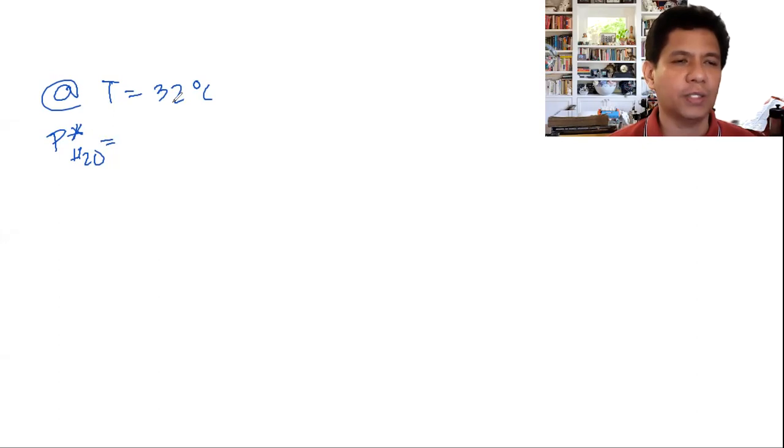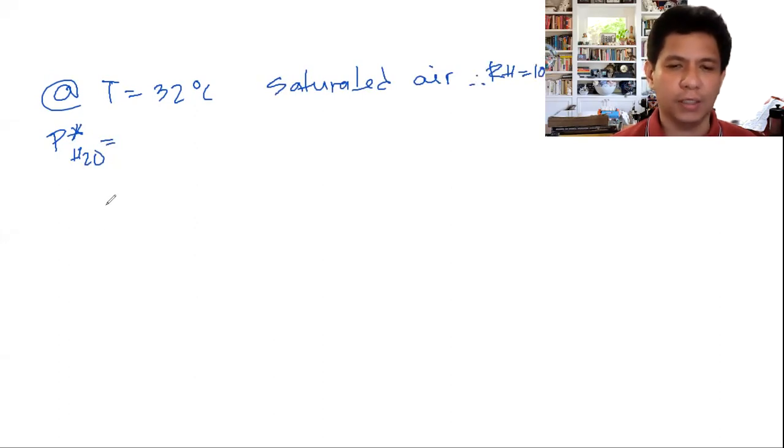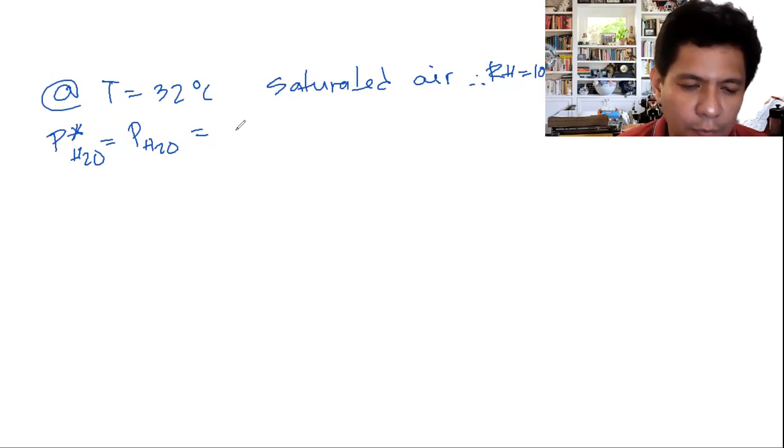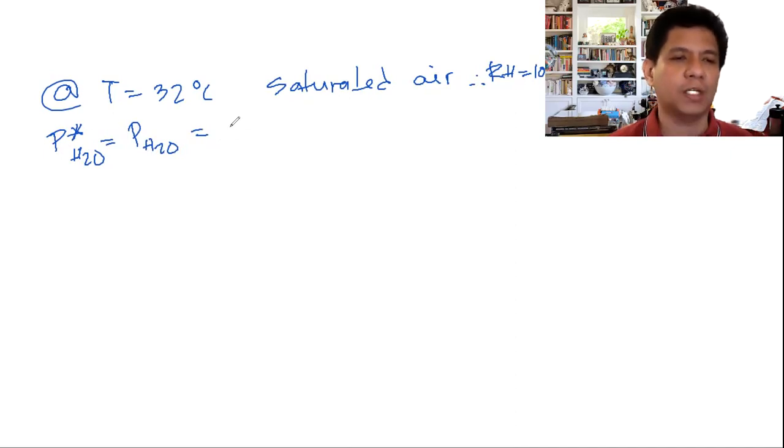Ang special lang dito kasi saturated siya. Saturated air. Pag saturated air, automatic, 100% yung RH niya. So ang consequence niyan ay kung ano yung P star H2O, equal yun sa pH2O. Yung saturated equal dun sa actual partial pressure ng water. So, the steam table shows that at 32 degrees Celsius, pH2O or P star H2O is equal to 4.753 kPa.